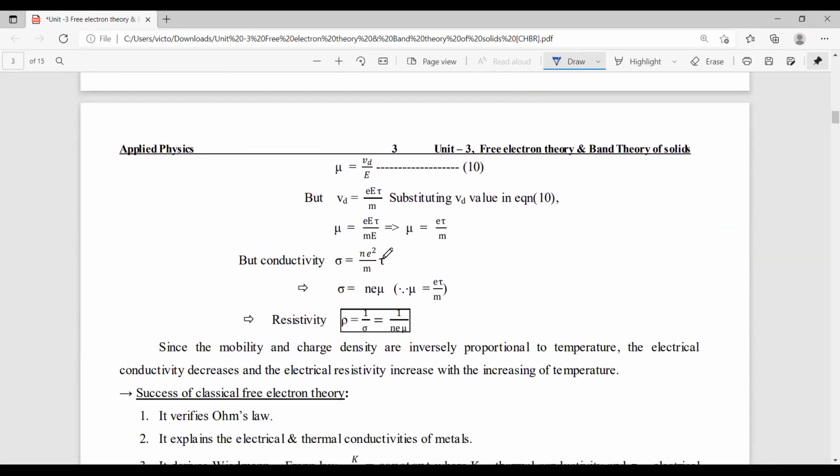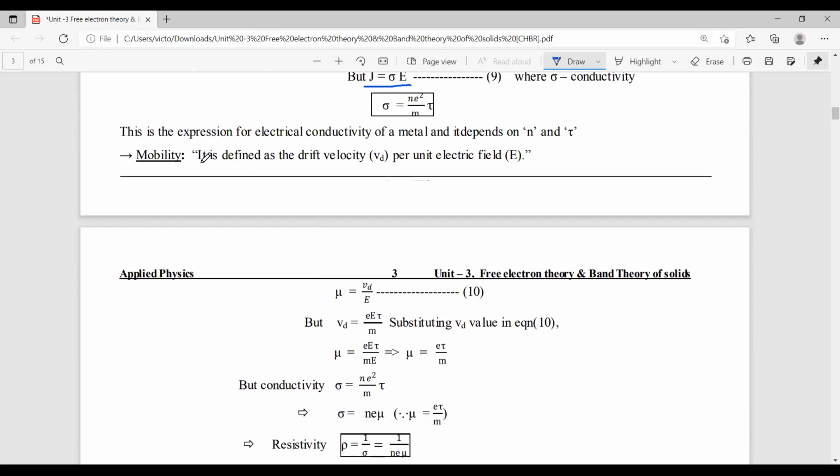Now, knowing the conductivity formula sigma equals ne square t by m, the reciprocal of conductivity is nothing but resistivity. In the same way, we can write the expression for resistivity. But before that, we have to know the definition of mobility.